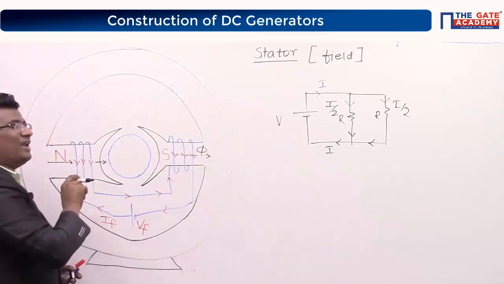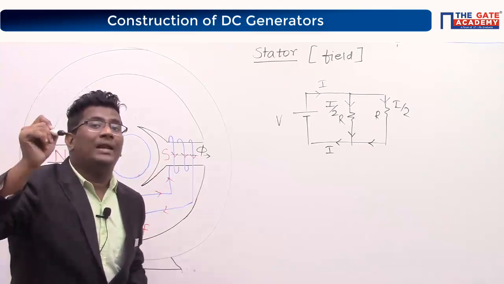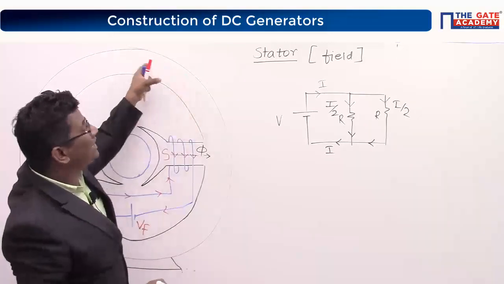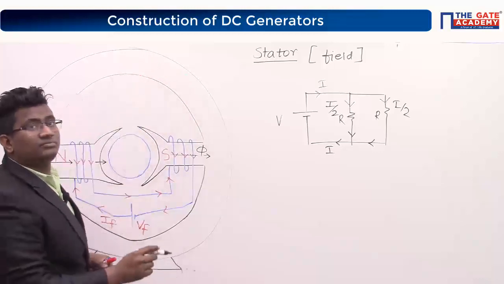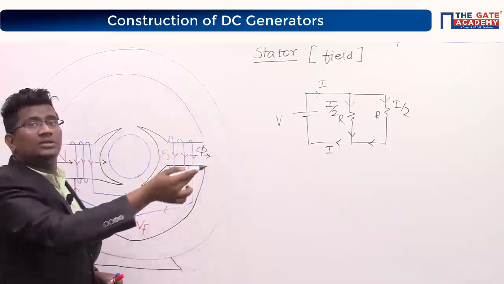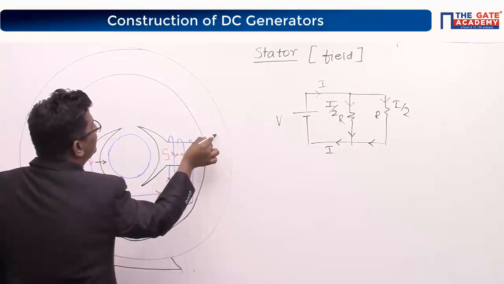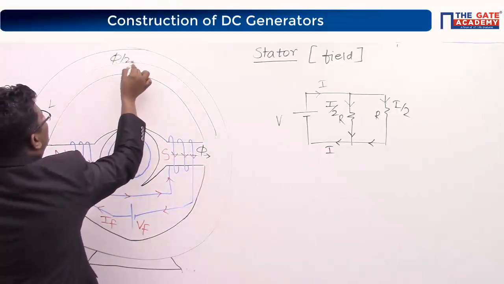Similarly, the total flux coming out from the north to south is 5 Webers per pole. How much flux is flowing in this path? 5 by 2, well done.